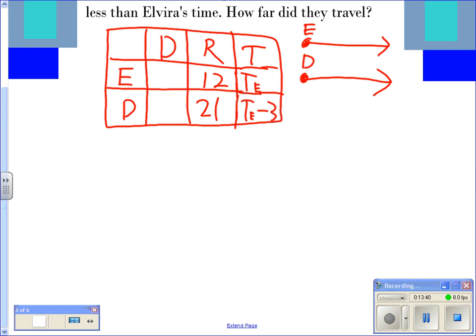Do you agree? I don't agree. There's just one thing. This should be 14 instead of 12. That's it. Okay. Other than that, I agree.